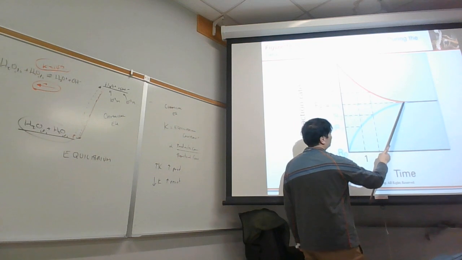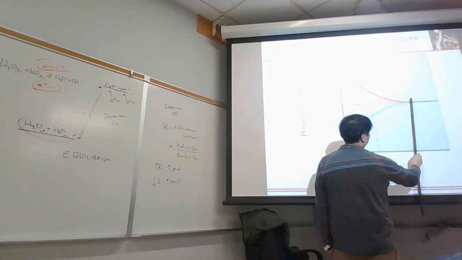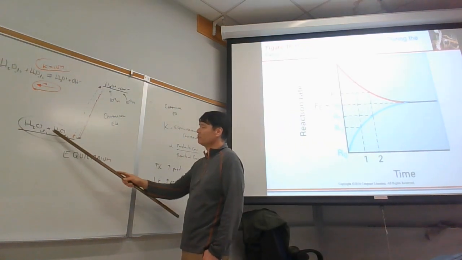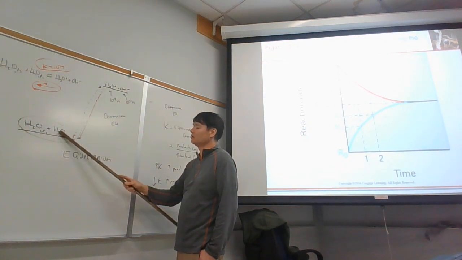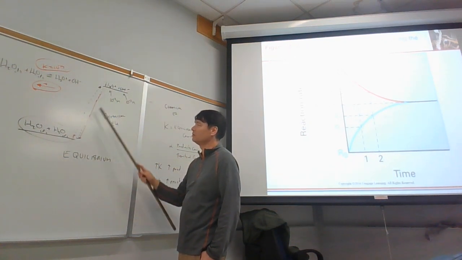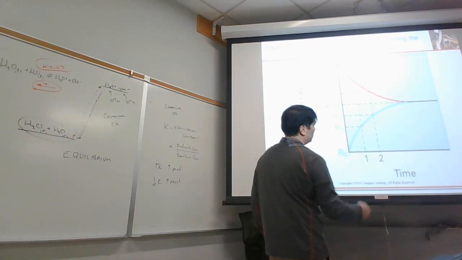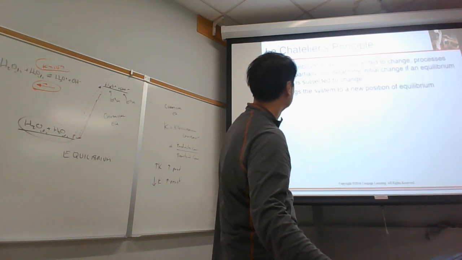Eventually the rates will match, and here we hit the state of dynamic equilibrium. Let's say 4 water molecules react to go up, and then 2 of these react to go down. And so we hit the state of equilibrium. That's what this is trying to show, but you don't need to worry about that too much.